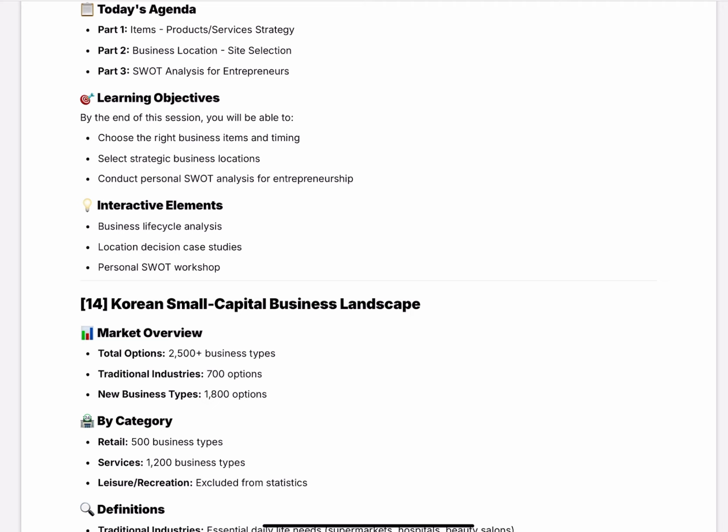Just like our first session, this will be interactive. So we will analyze the business life cycles together, maybe if we have enough time. And also, I hope we will do personal SWOT workshops during our offline class if we have enough time. This is very useful to recognize yourself.